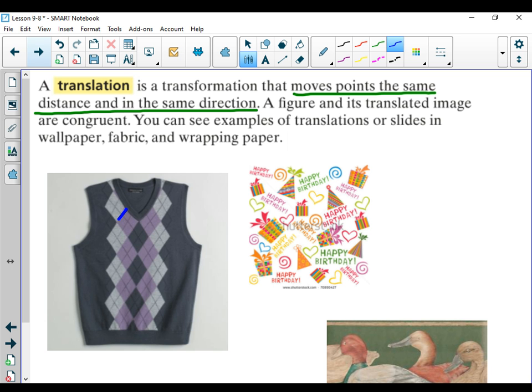These are some sillier examples, like this shirt has a pattern on it called Argyle, where it basically takes this parallelogram and moves it around the shirt and you get a pattern out of it. So it's just sliding around. Or wrapping paper is full of patterns. Here's this triangle party hat.